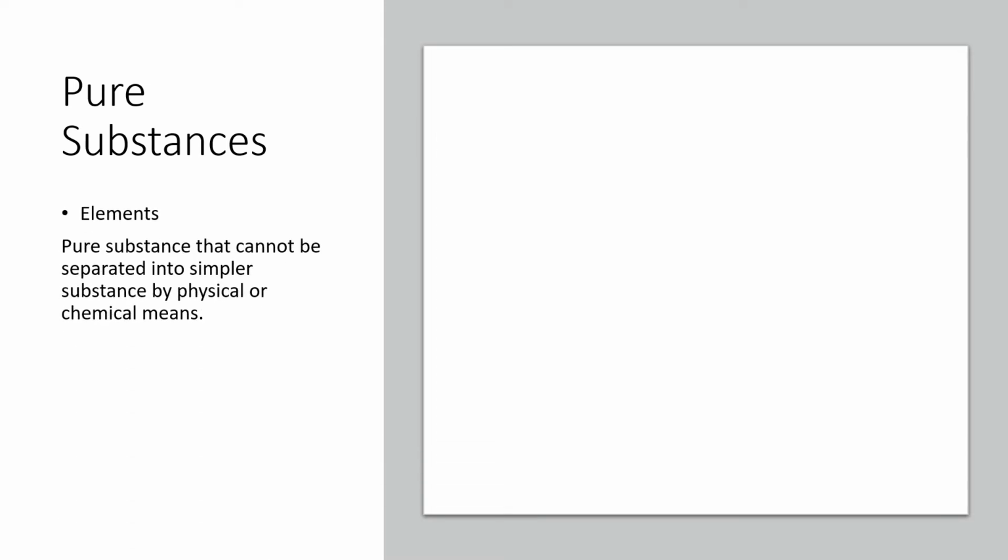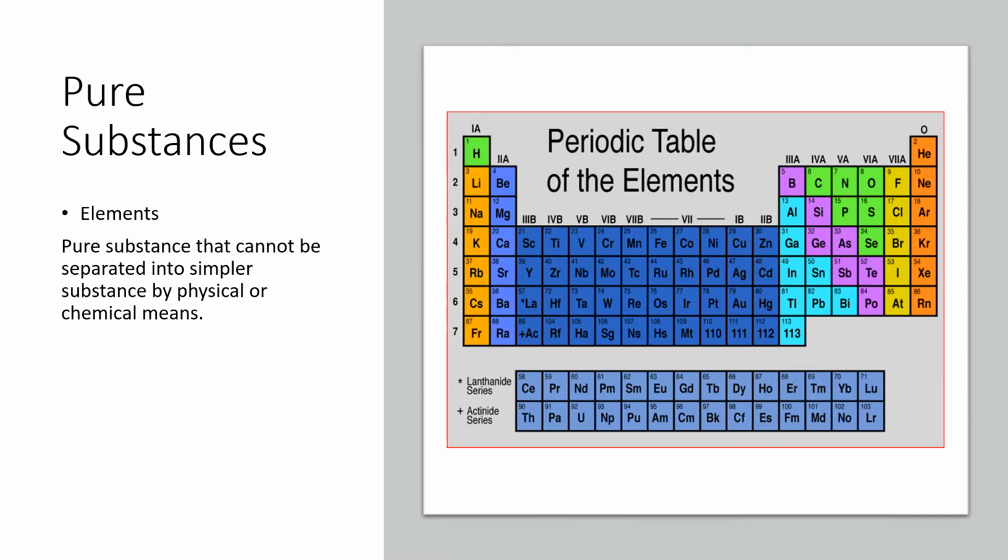Okay, in pure substances, we have the elements. An element is a pure substance that cannot be separated into simpler substances by physical or chemical means. Here is an example, the periodic table of elements.